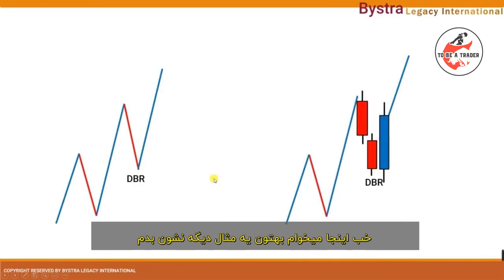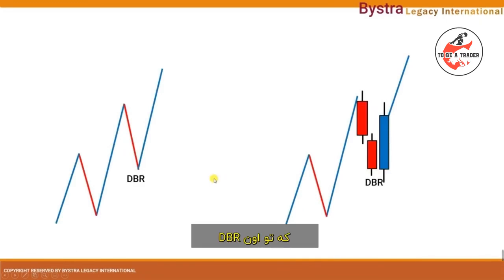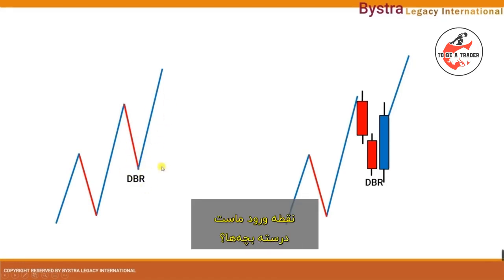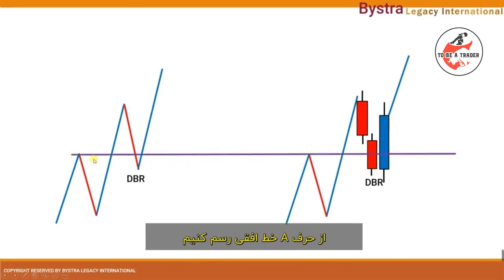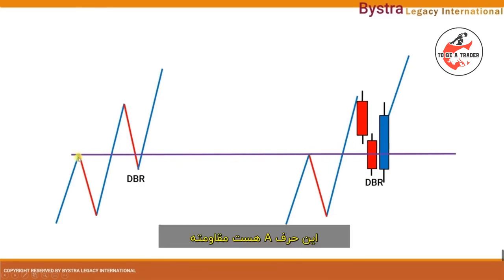Here I'm going to show you another example, where the drop base rally is a little bit lower than the capital A. In this case, as you can see, this is a drop base rally. So this is our entry point, right, guys? Next thing we should do is mark the horizontal line at the capital A. This is capital A, the resistance.